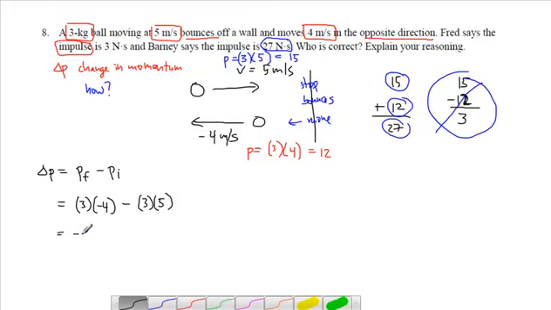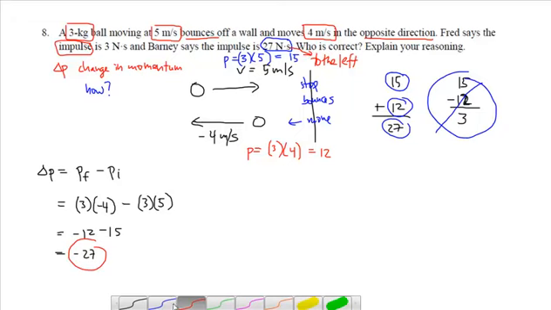So what I end up getting is -12 minus 15, so -27. That's what Barney says. In the problem he says 27. It didn't say negative, but the idea here is the impulse has a magnitude of 27. Now, technically, Barney should have said that the impulse is 27 to the left. And that would be more accurate.